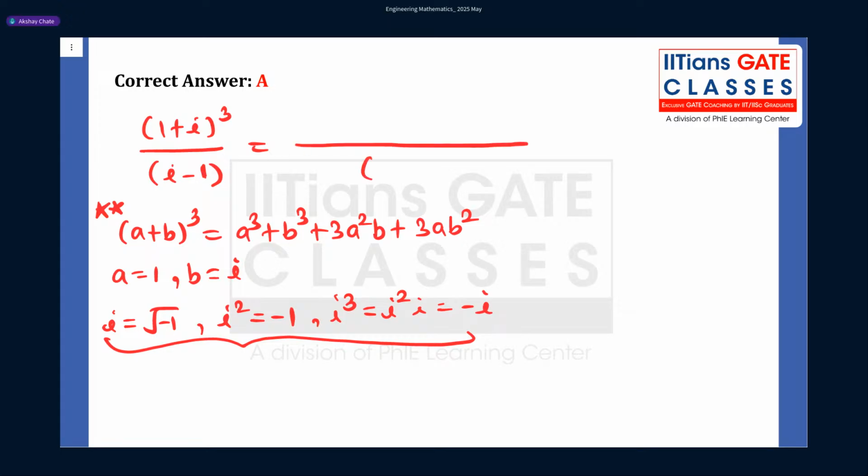So here you have i minus 1. Let this denominator remain as it is for the time being. In the numerator, let's expand this. So it will be 1 cube plus i cube plus 3 times 1 square i plus 3 times 1 i square. This is the standard expansion of (a plus b) whole cube.